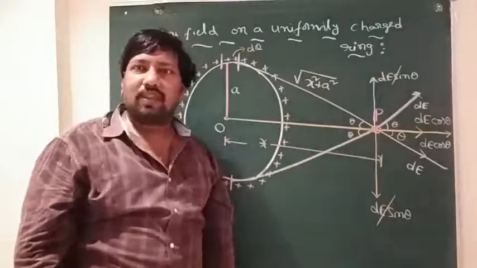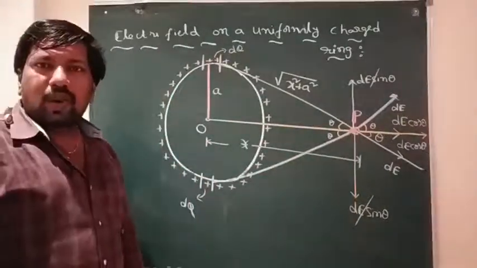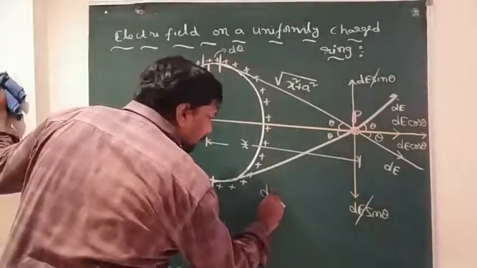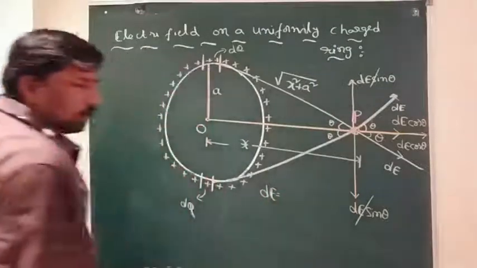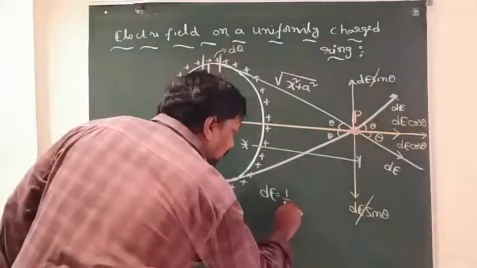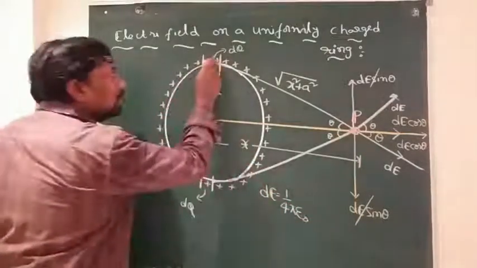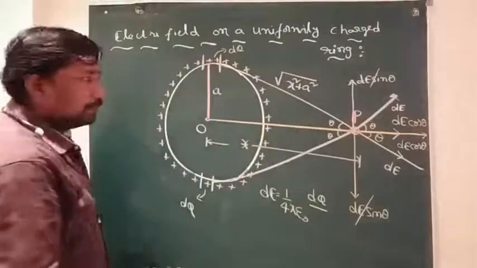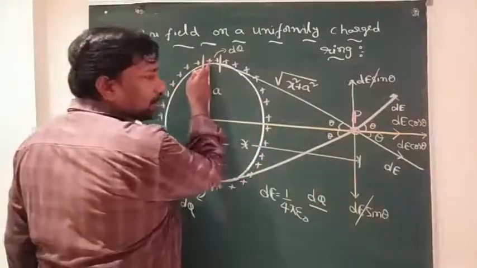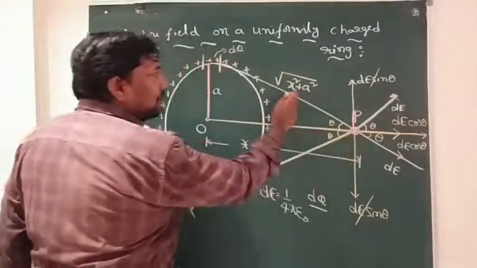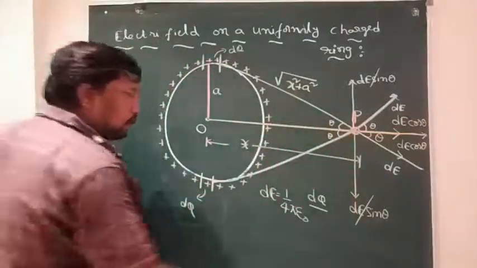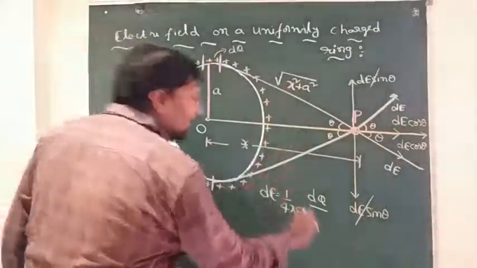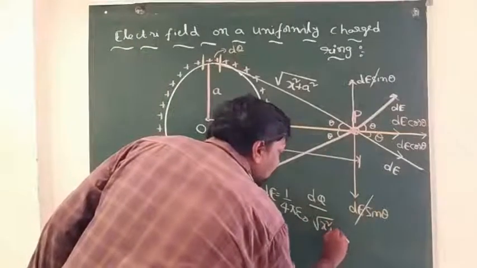First of all, we can find dE. Here dE is equal to 1 by 4 pi epsilon naught, times the charge dq, by the square of the distance between the small segment and the given point, r squared, where r is root over x square plus a square.